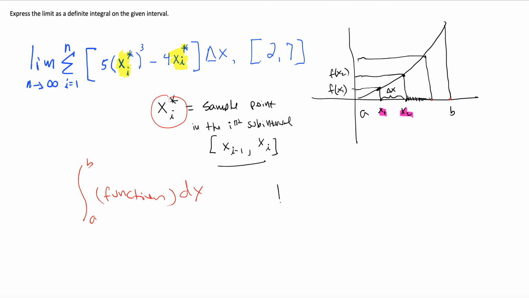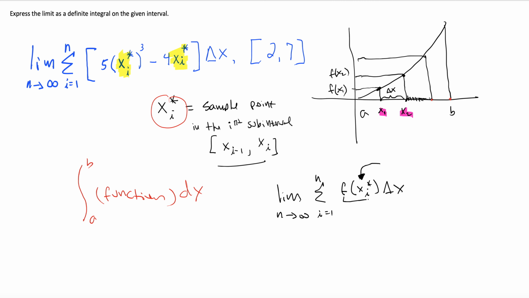because the general formula is the limit as n approaches infinity of the summation i equals 1 to n of f of x sub i star delta x. All right, and this just means we're going to put some numbers in here to get values for our little rectangles, values within our interval.